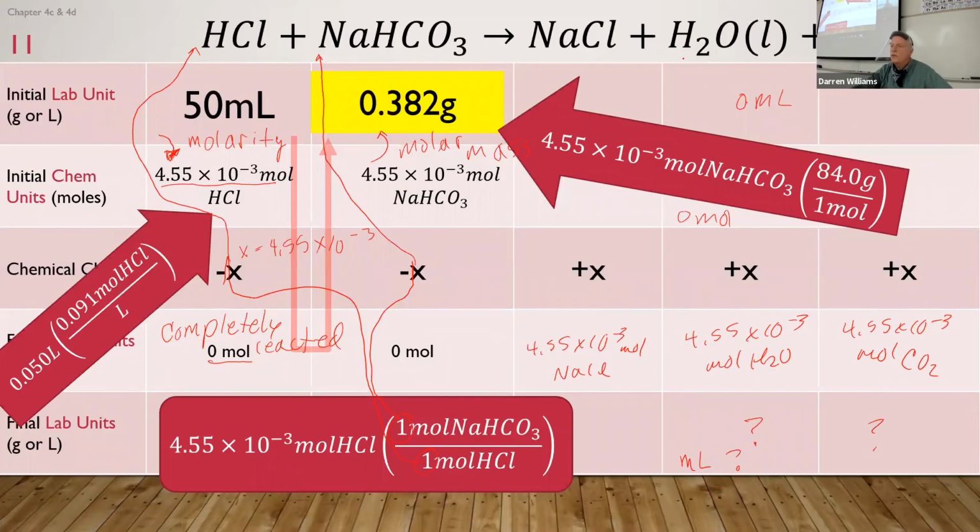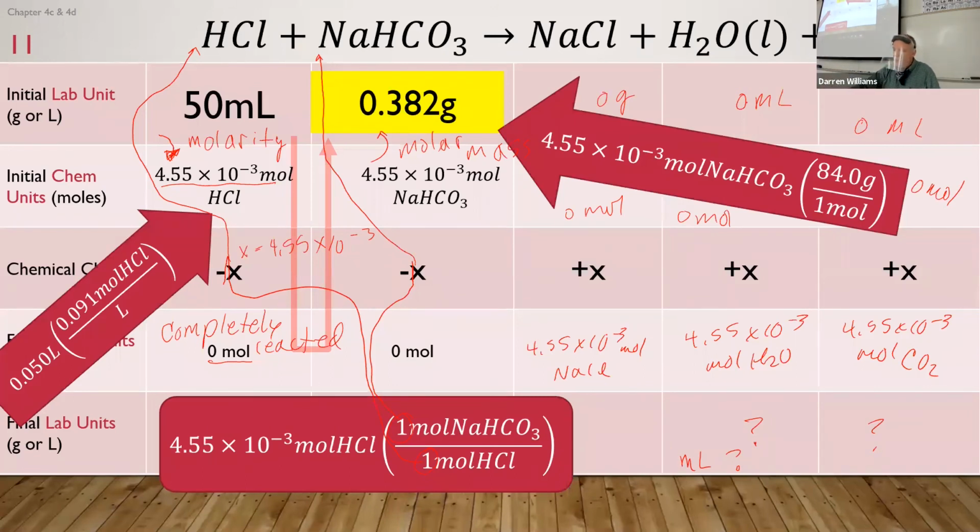Because I started out with 0 of all of these, or at least it was listed as 0. That wasn't talked about. So we're just filling out the whole table, right?